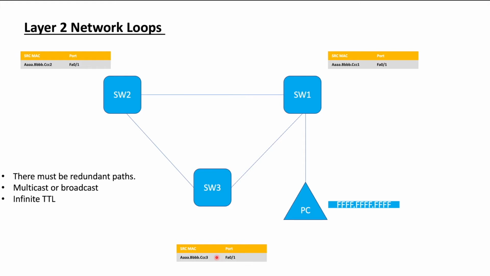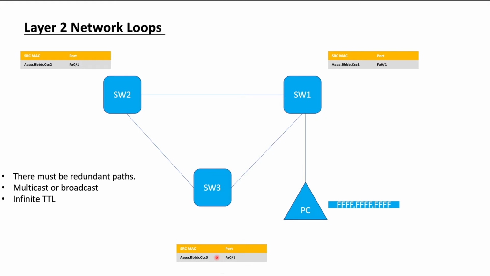Normally, switches do forwarding on the basis of the MAC address table. This is also called content addressable memory, or CAM table, where we have the source MAC address and the port over which it is learned. Whenever a packet comes to the switch, it checks the MAC address table to see over which port the destination MAC of that packet is learned.